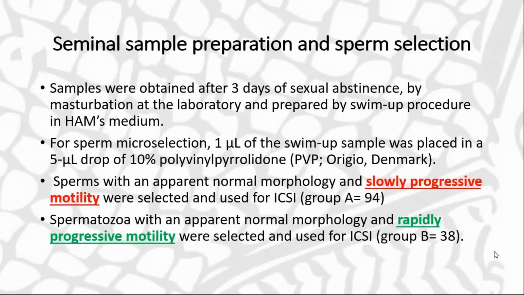The sperms with apparent normal morphology and slowly progressive motility were selected and used to inject the oocytes of group A, which was 94 cases, and the spermatozoa with apparent normal morphology and rapidly forward progressive motility were used to inject the oocytes of group B, which is 38 cases. Next.